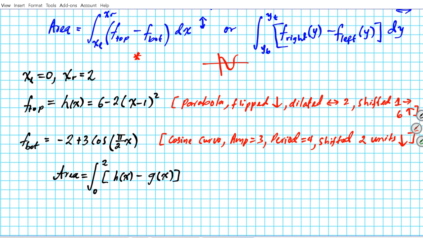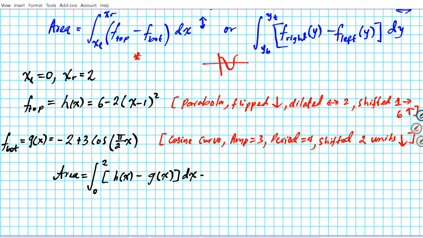I didn't write it there, so let me put it in. So this guy right here is g of x. This is a no calculator problem, so we have to write everything down in order to get full credit. Okay, so this is dx.